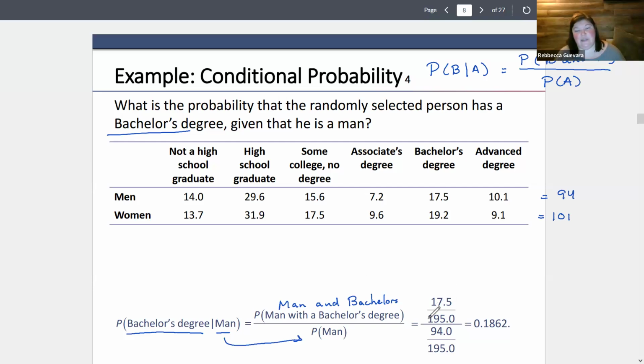So we have 17.5 over 195. The probability of a man is 94 over 195. This and this cancel, and what I'm really left with is 17.5 divided by 94. That gives me 0.1862. So about 19% of men have bachelor's degrees.